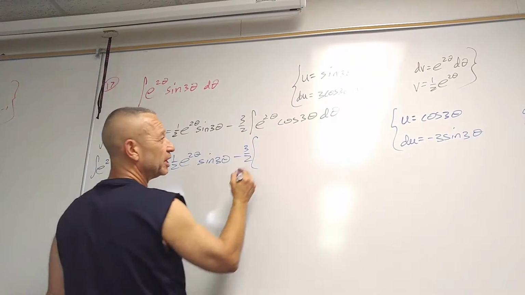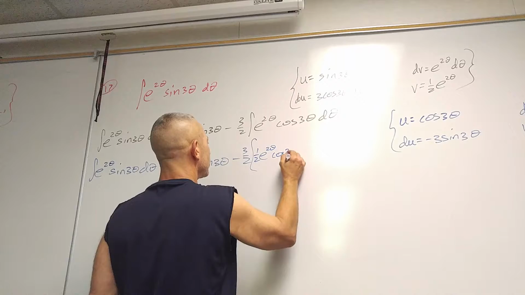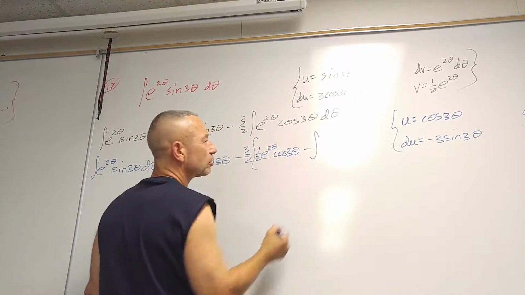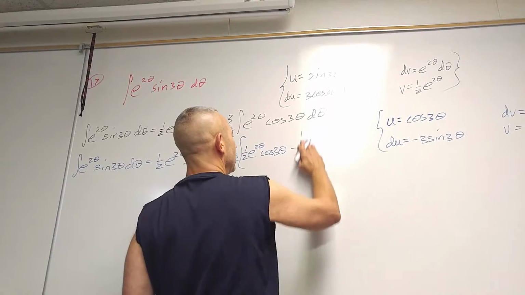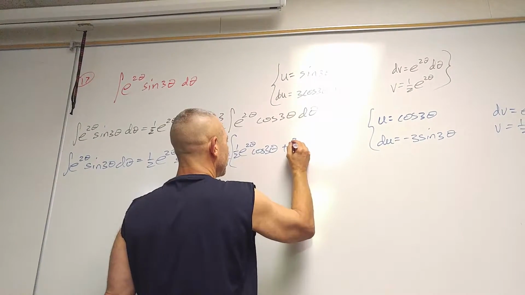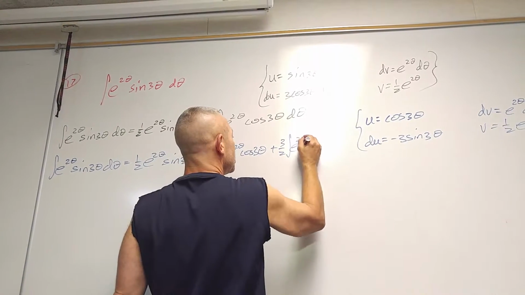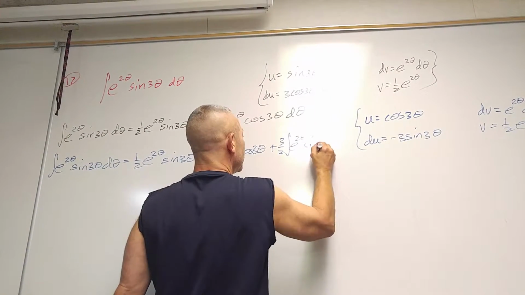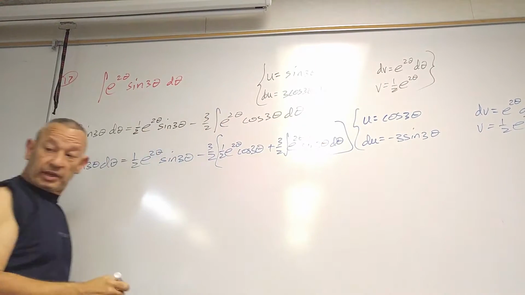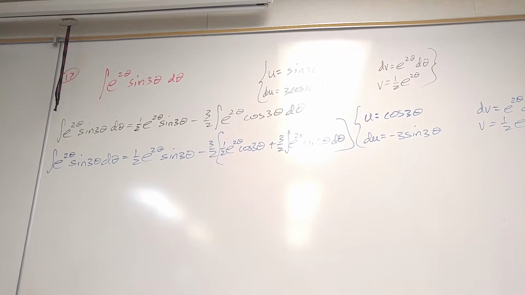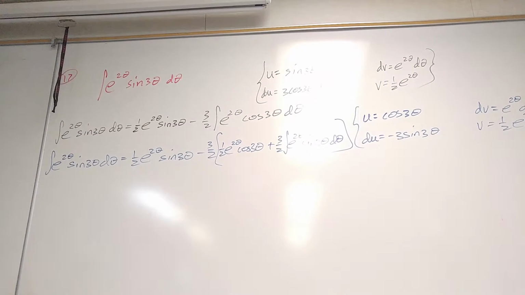U times v is 1/2 e to the 2 theta cosine 3 theta minus the integral of v du is minus 3/2, so plus 3/2 the integral of e to the 2 theta sine 3 theta d theta. Check and make sure I got all those minus signs and constants and all that correct. Look good?